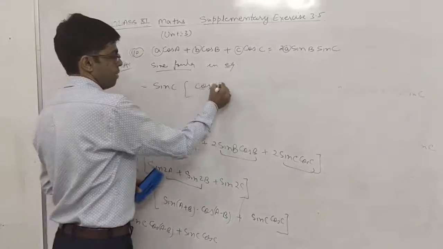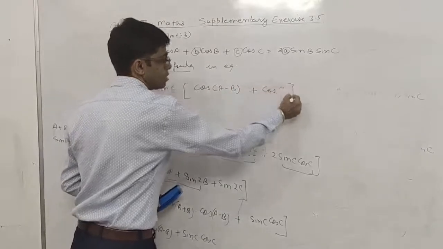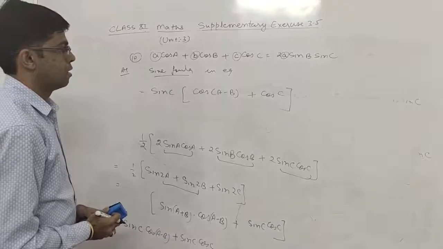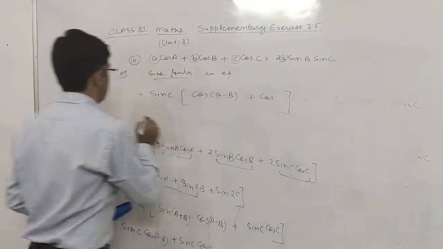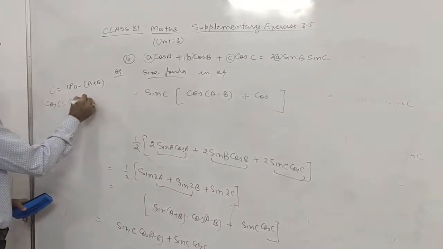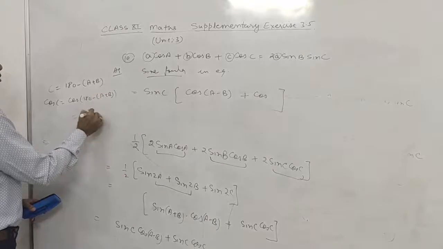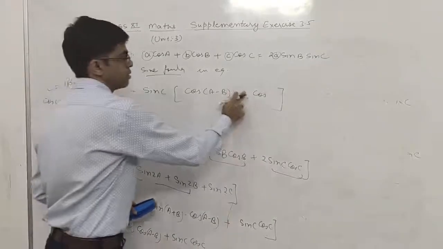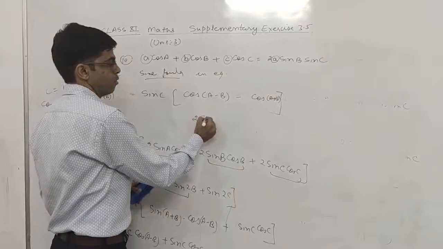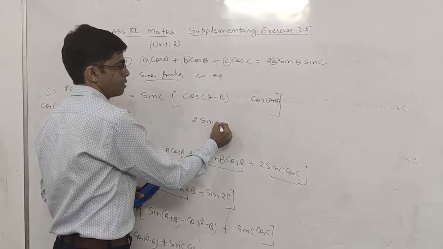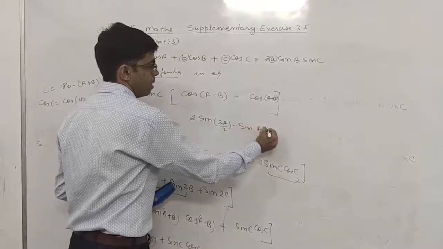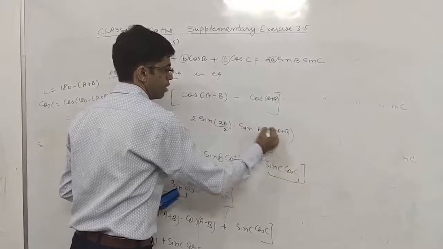Cos A minus B plus cos C. Now in place of C, what will be the value? C is 180 minus A plus B. So cos C is cos 180 minus A plus B, and this is equal to minus cos A plus B. Now use the cos C minus cos D formula, which is 2 sine C plus D by 2 into sine D minus C by 2.